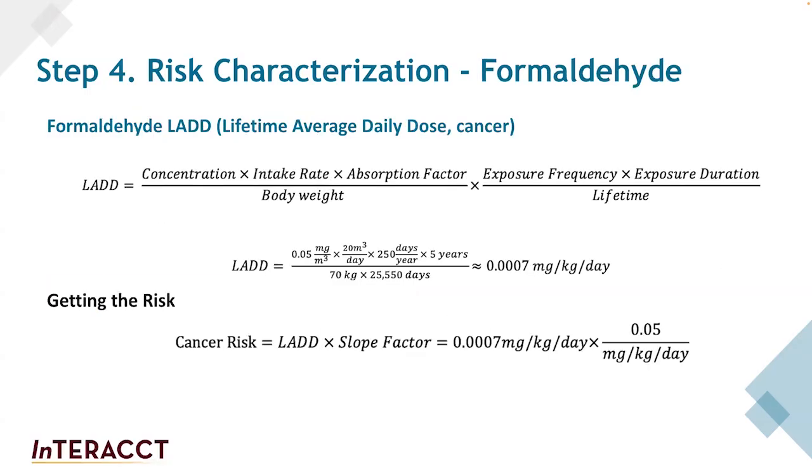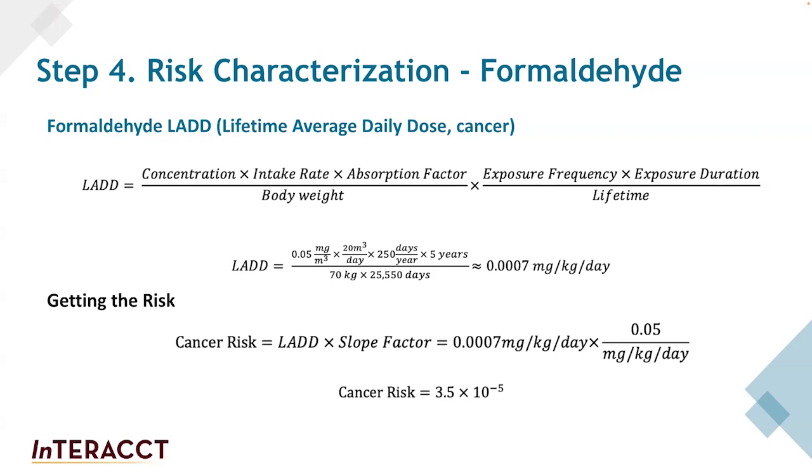Now that we've calculated the lifetime average daily dose, LADD, for formaldehyde, we can estimate the cancer risk. As shown here, we multiply the LADD, 0.0007 milligrams per kilogram per day, by the cancer slope factor, which is 0.05.